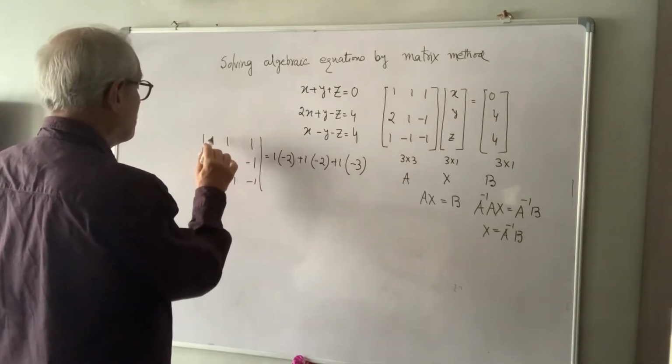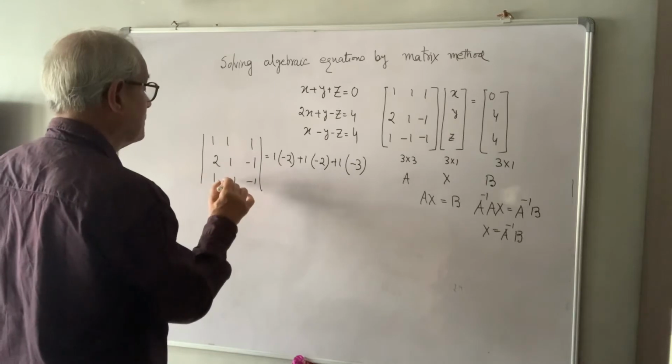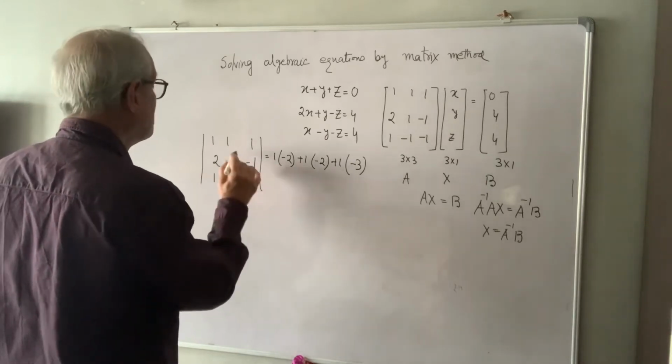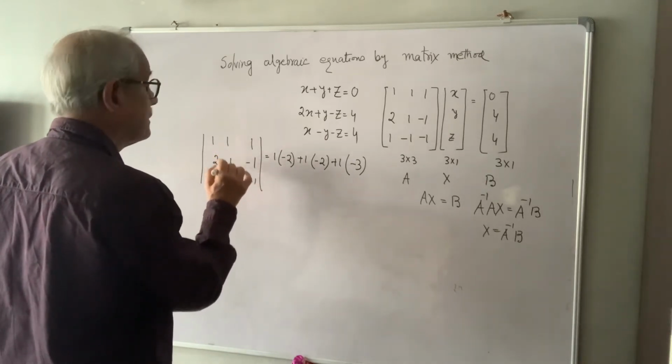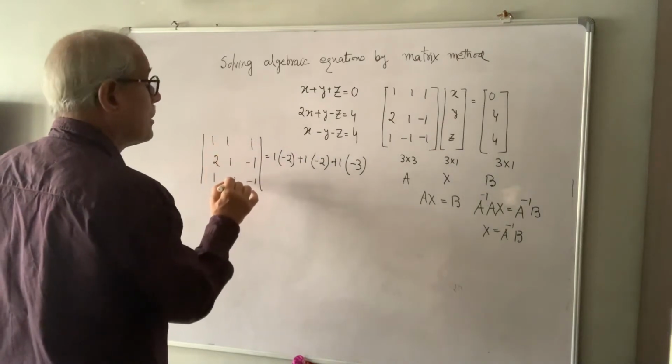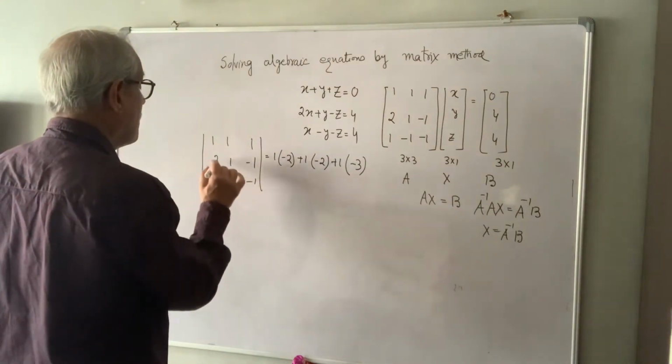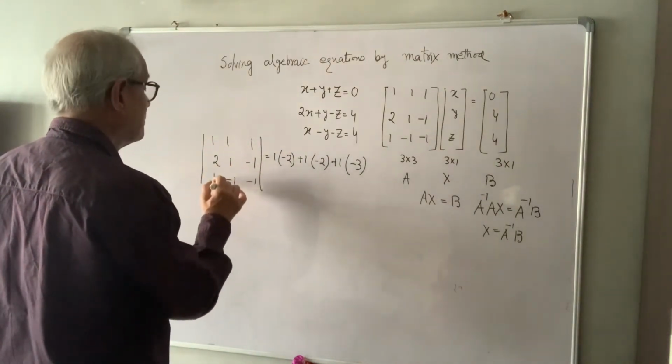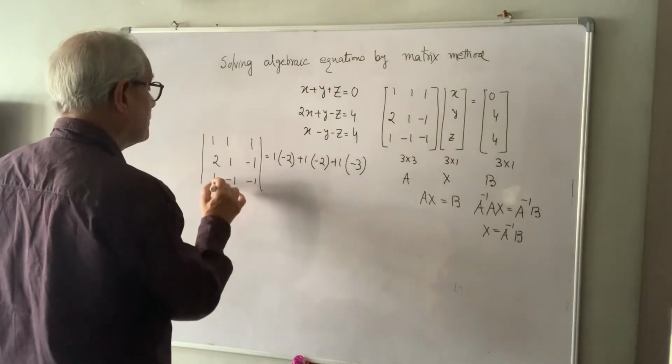We have to find out 1, minus 1, minus 2, and this is now minus 1, minus 1.